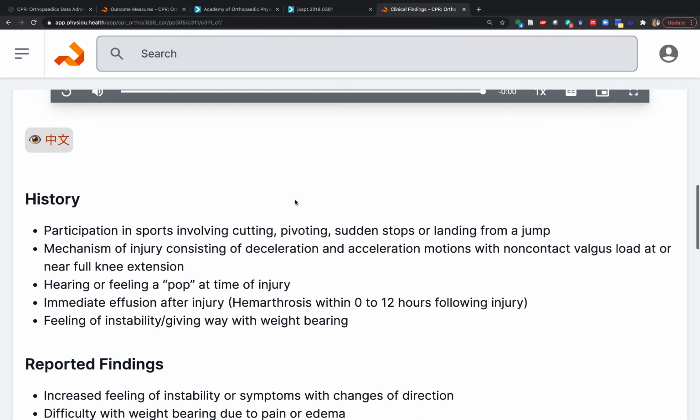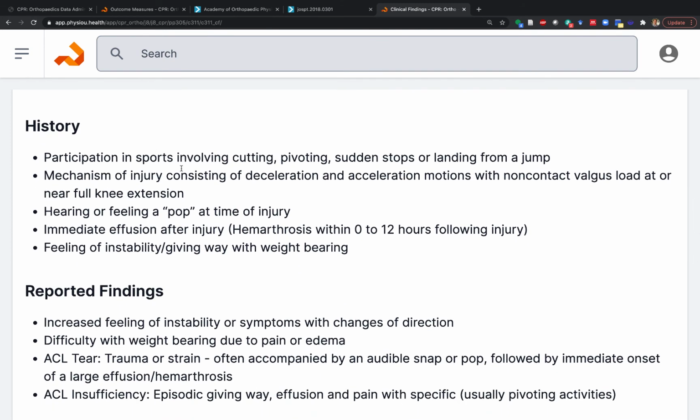So when you look at the history and reported findings, and remember this is in your tables for quick reference, you can see that many of the causes in terms of the non-contact involve cutting, pivoting, sudden stops, or landing from a jump.